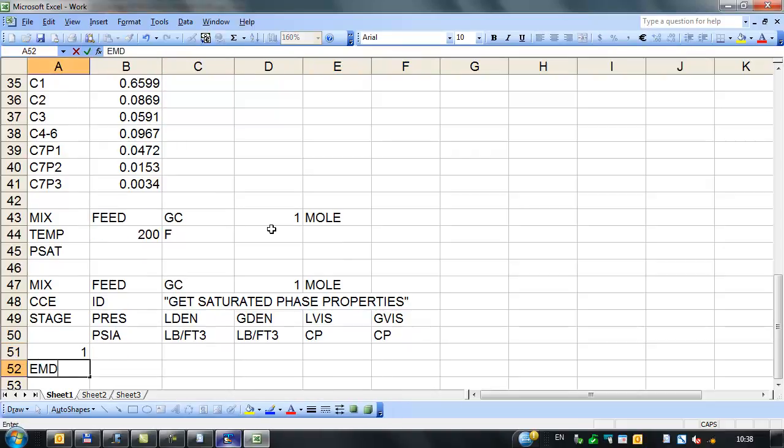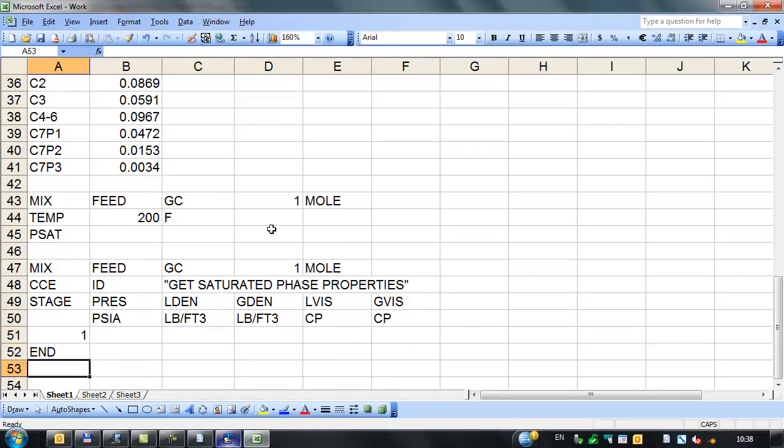Stage 1 and okay, so that's the experiment. Are there any questions? What it'll do is take from the saturation pressure, it'll fill in that pressure.